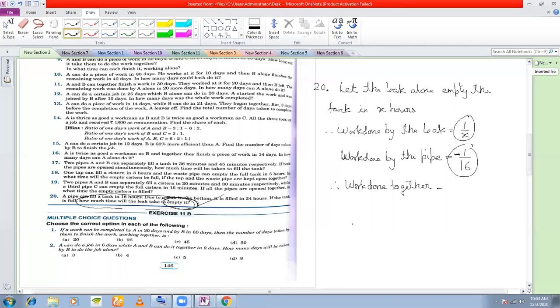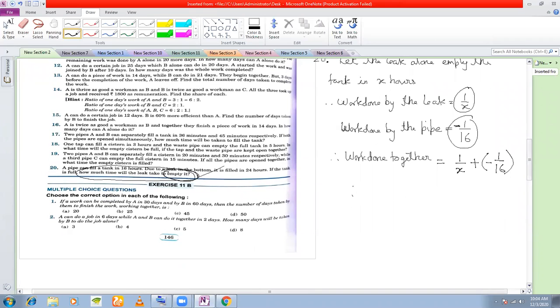So what is the work done together? The work done together will be 1 by x minus 1 by 16.